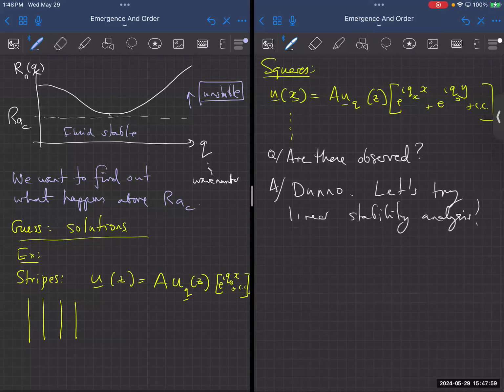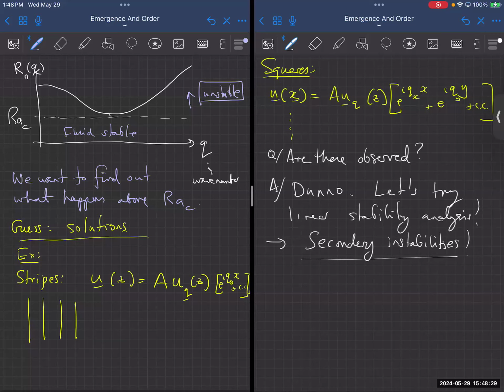Because you're now doing the stability analysis about a state that is supposedly the outcome of an instability itself, these are called secondary instabilities. And you can imagine that you might keep doing this forever, right? Which is possibly true.